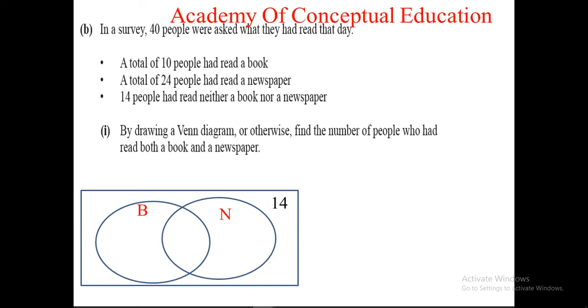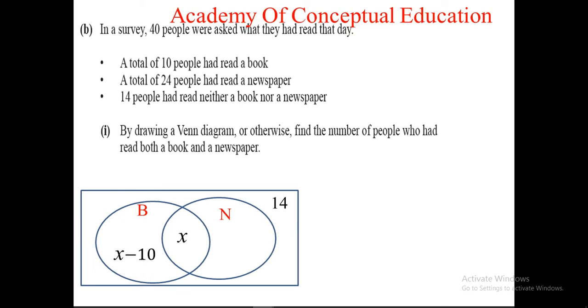So we write 14 in the rectangular box, outside these two circles. We don't know the number of people who read both a book and a newspaper, so in the intersection portion we will write x.